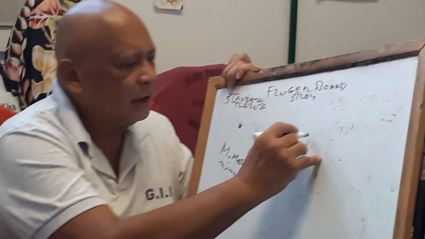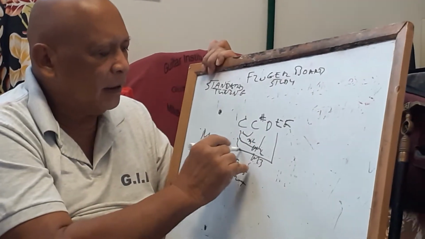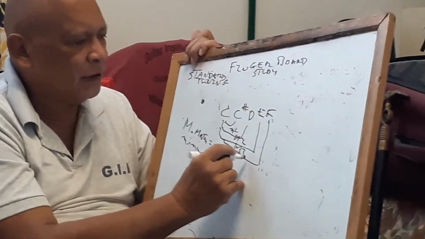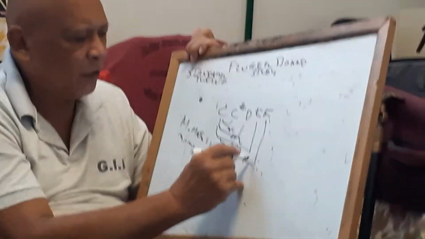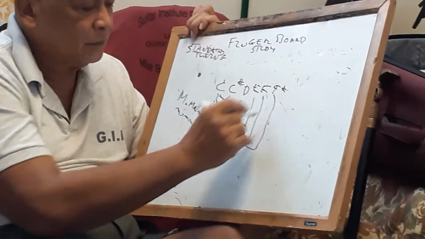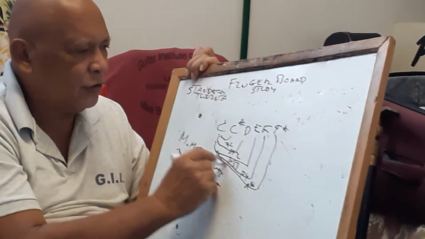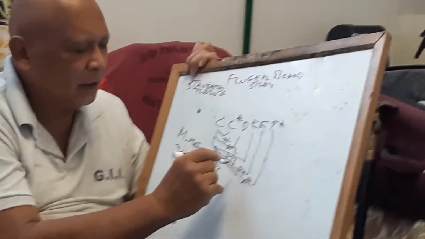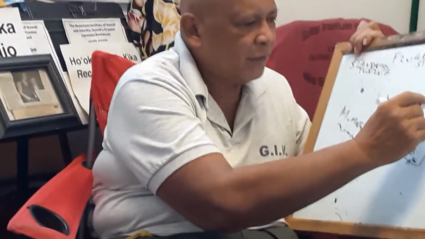Okay, let's move on. C to F, this is called a perfect fourth. C to F sharp is called an augmented fourth.